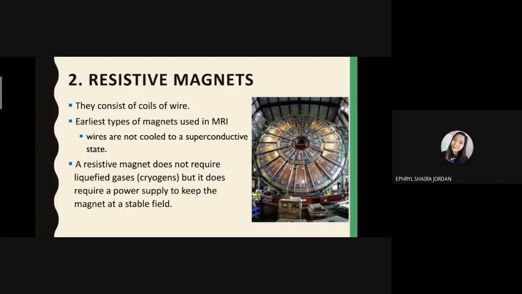The resistive magnets are similar to superconducting magnets in a way that they are coils of wire through which a magnetic field is induced. However, ang difference ng dalawa, the wires are not cooled to a superconductive state.